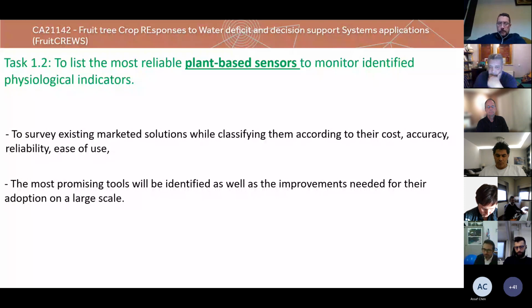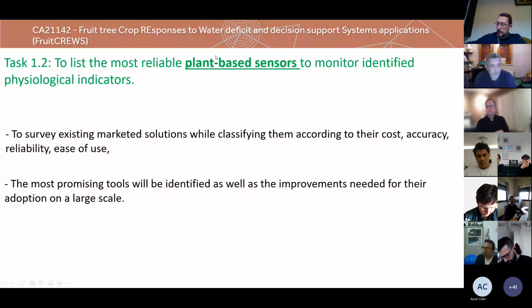And at the end, make a ranking of the most promising tools that can be used for the proximal determination and detection of plant status.